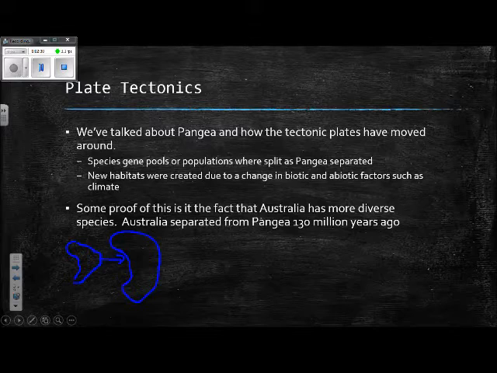No, so the reason the plates move is because they're floating on top of lava. So it's almost like ice floating on top of a pond. Okay, and then things happened, the magma or lava got excited, and they split apart.